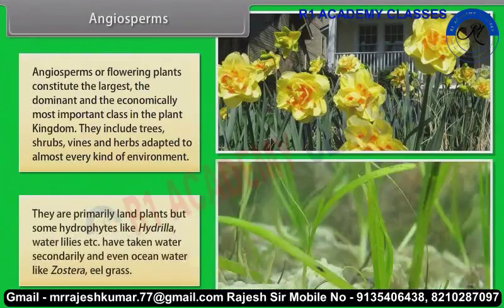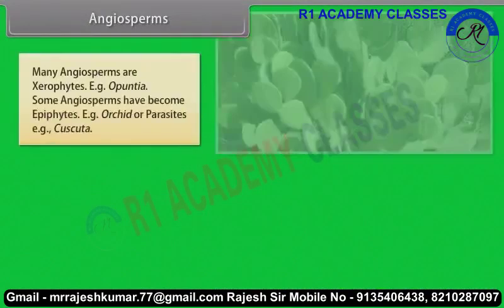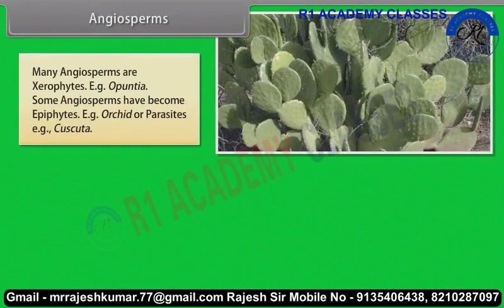They are primarily land plants, but some hydrophytes like Hydrilla and water lilies have taken to water secondarily, and even ocean water, like Zostera, eel grass. Many angiosperms are xerophytes, for example, Opuntia. Some angiosperms have become epiphytes, for example, orchid, or parasites, for example, Cuscuta.